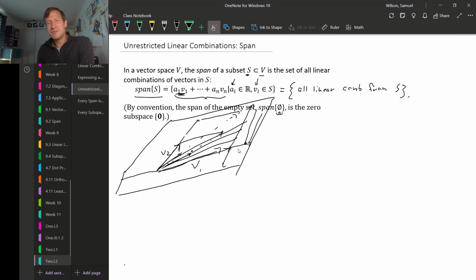What we're really doing here is stretching each one of these vectors out and blending them all together. And what that does is it fills out the plane that contains V1 and V2. So what we're seeing here is, at least in R3, the span of 2 vectors is the plane that contains them both.